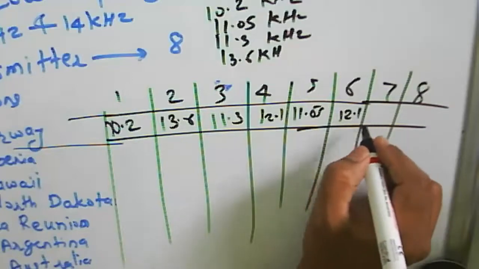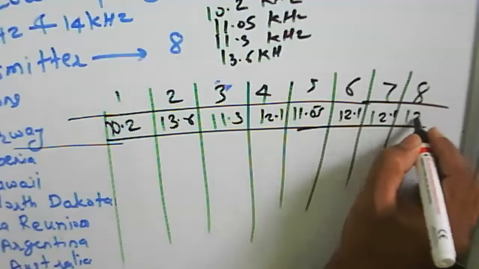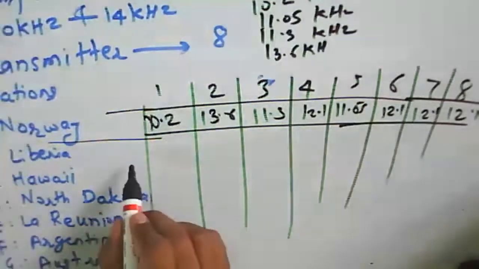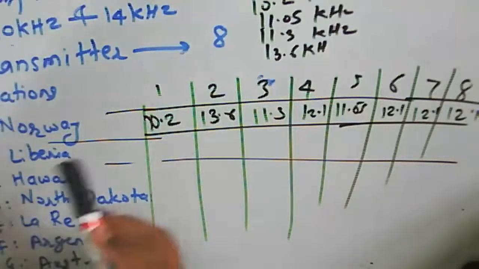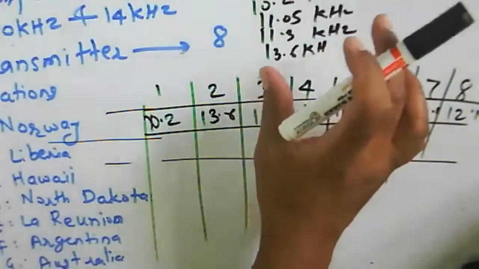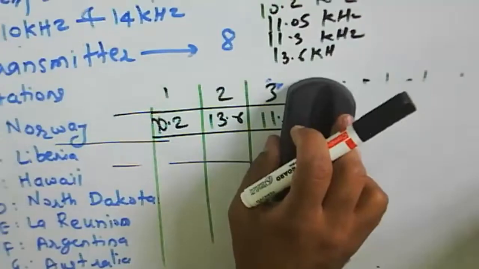Likewise we can have a band of frequencies to be used by Norway, and likewise the other stations have different bands of frequencies. We consider these 4 unique frequencies for each and every transmitting station.